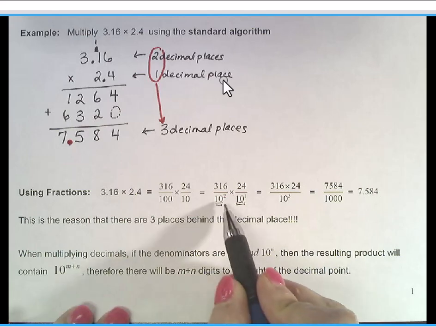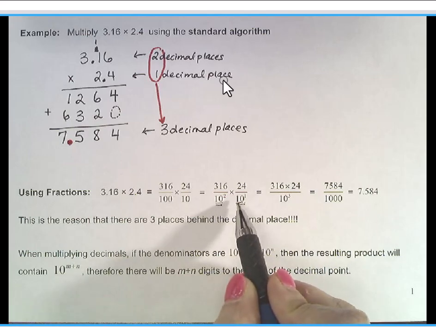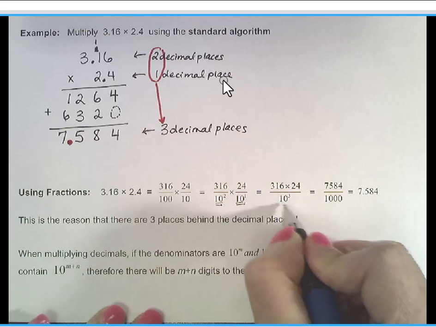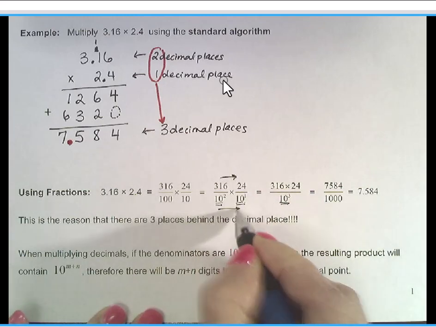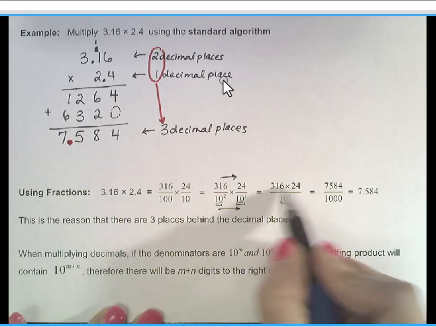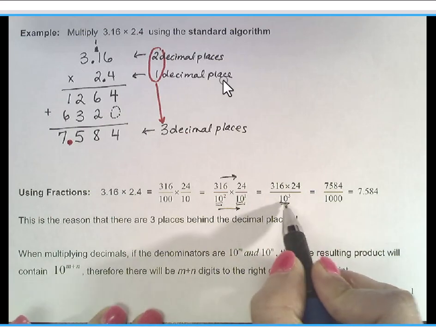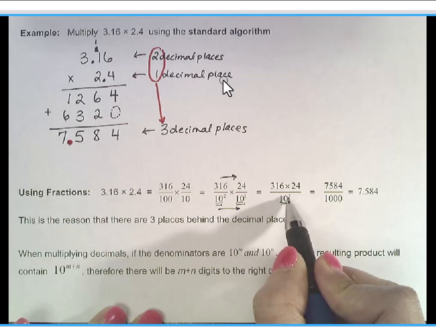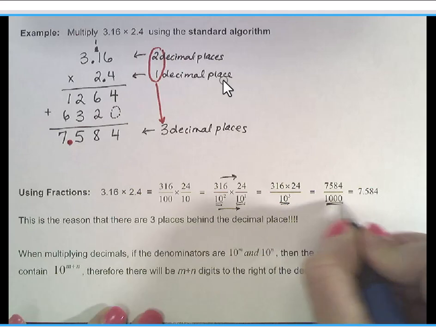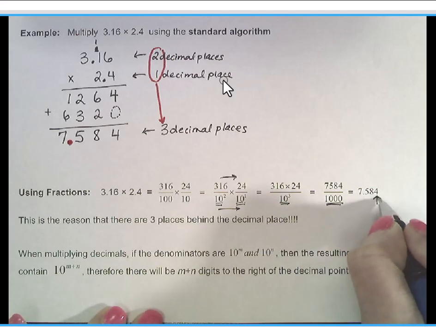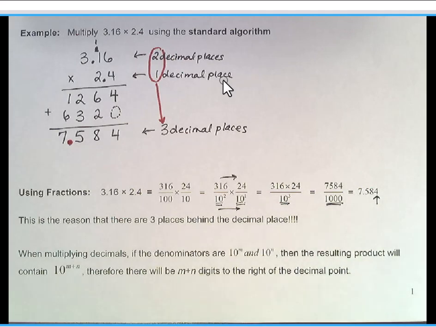When you multiply like bases, you add the exponents, so you end up with 10 cubed, as you multiply straight across the top and straight across the bottom. So you get this huge number on the top and 10 cubed on the bottom. 10 cubed is a 1 with 3 zeros, and so that thousandths tells you that you're going to end in your thousandths place.